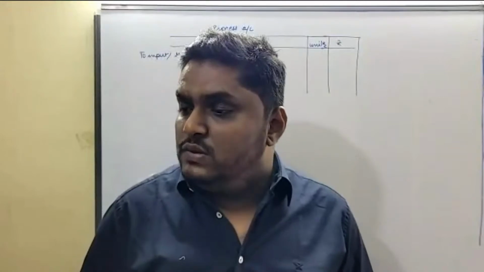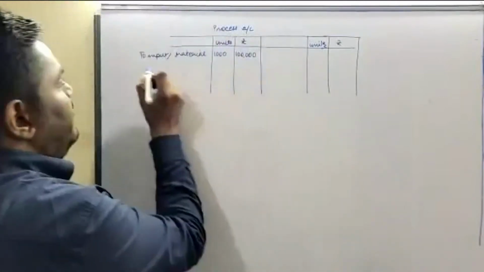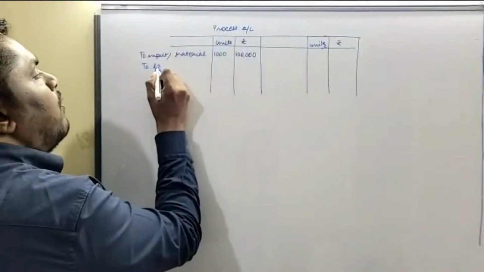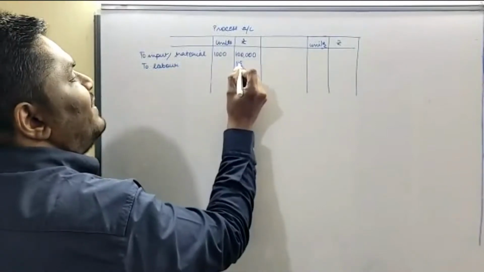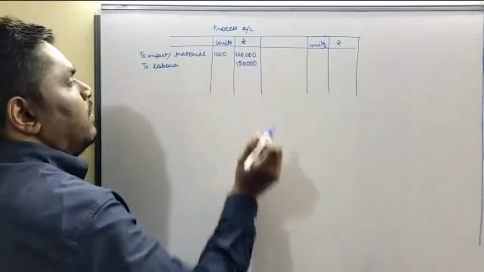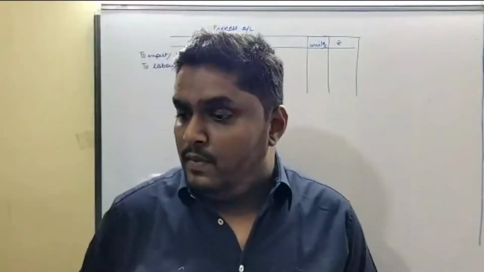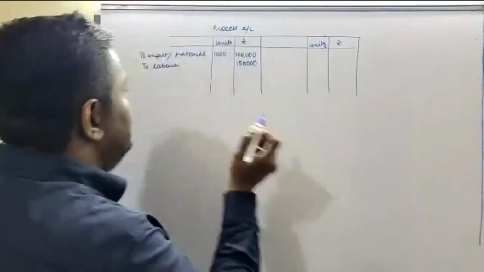The labor cost is 1,50,000. So to labor 1,50,000. To other expenses 50,000.